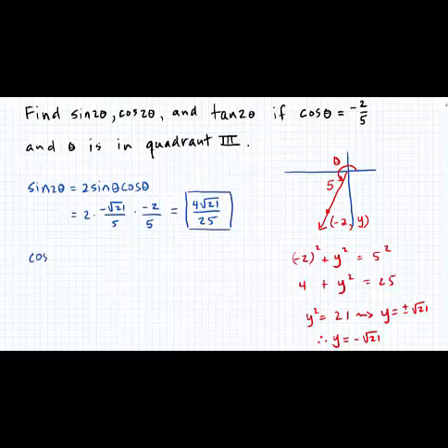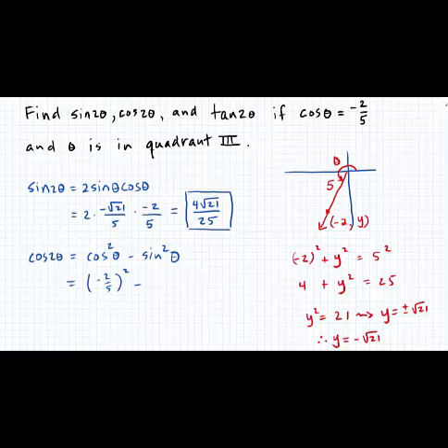Cosine of 2 theta, the standard representation is cosine squared of theta minus sine squared of theta. So we'll take the negative 2/5, we'll square it, and we'll subtract off sine of theta squared, and we found sine of theta to be negative root 21 over 5.